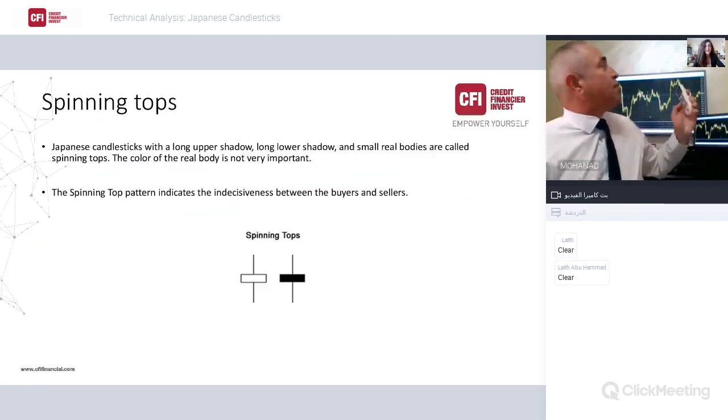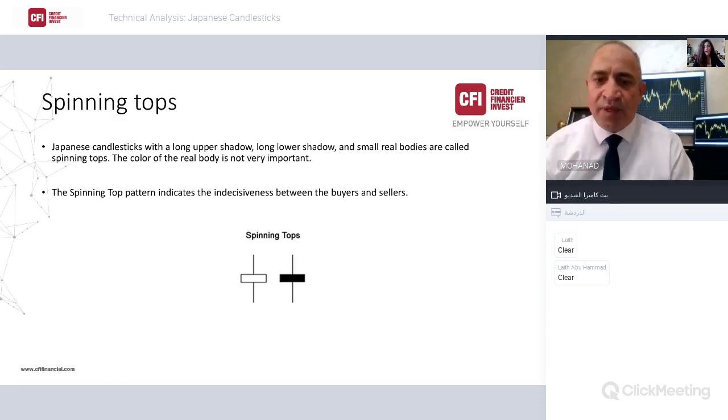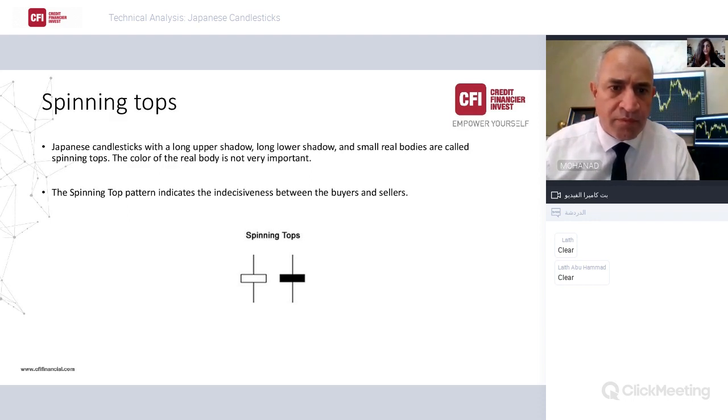As you can see in the graph, when you have long tails upward or downwards, and a very small body in the middle, this is called a spinning top. We will see what the spinning top forms later on, like the shooting star, the hanging man, and many other things. They form a spinning top before they do the reversal pattern along the trading line.